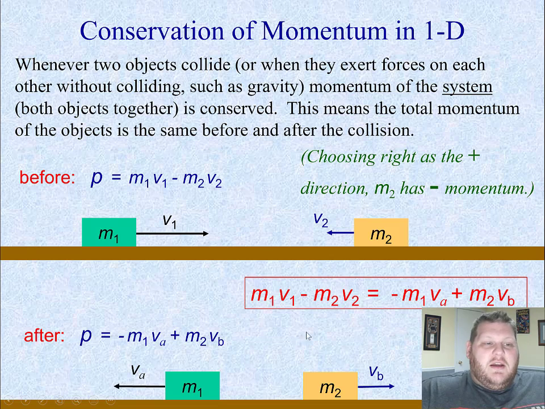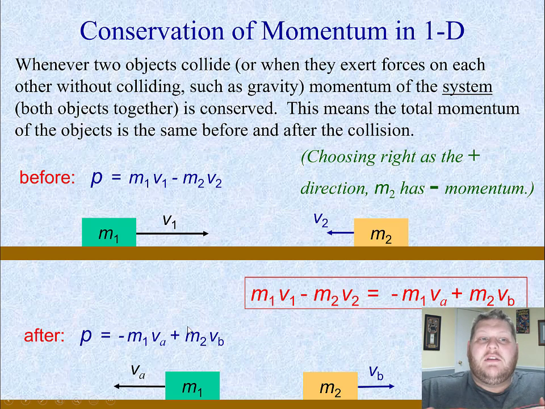Notice that because of how this picture is drawn, my masses collided and both went back in opposite directions, so my signs changed. Now mass 1 has a negative momentum and mass 2 has a positive momentum, because afterwards mass 2 is moving to the right and mass 1 is moving to the left.